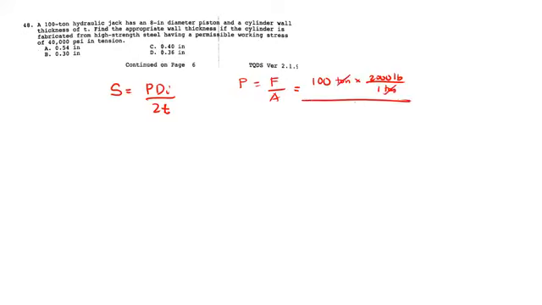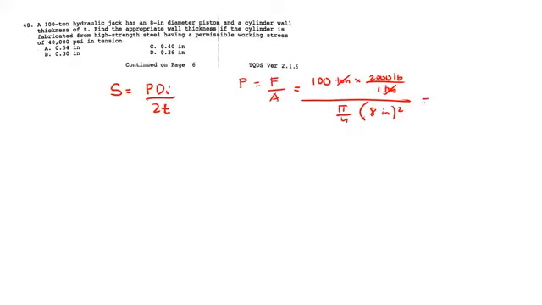So, simple lang formula. Stress is equals to PD over 2T. Then, syempre, kunin muna natin si pressure. So, pressure is equals to force over area. So, ang force natin, 100 ton times 2,000 pounds per 1 ton divided by area na pi over 4 times diameter na 8 inches squared.